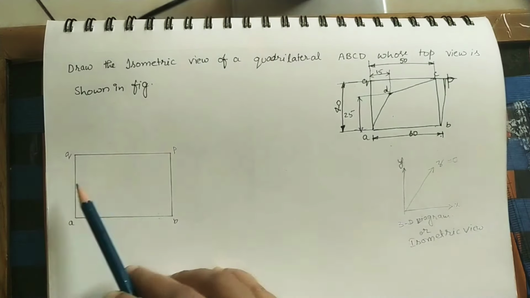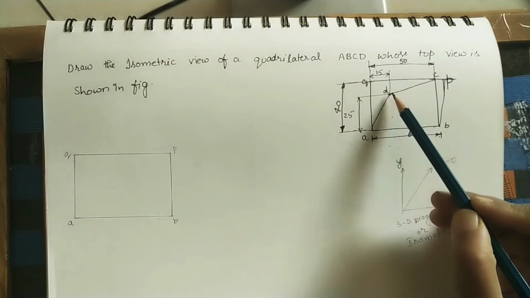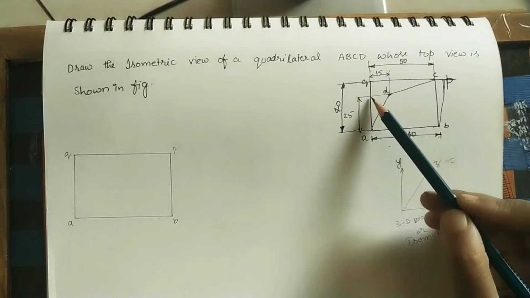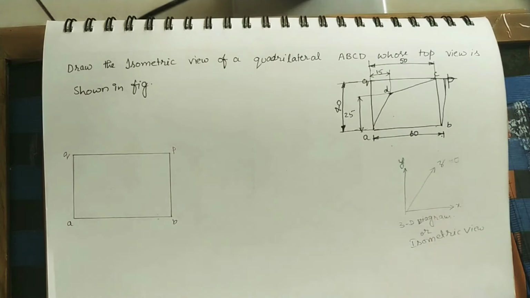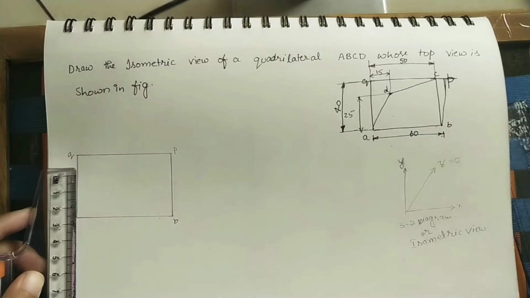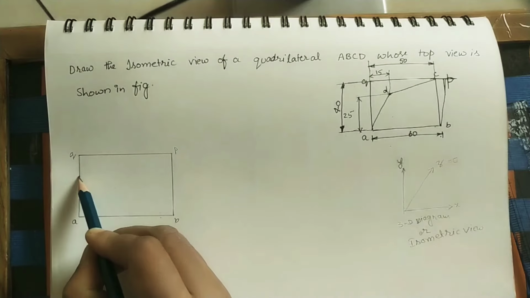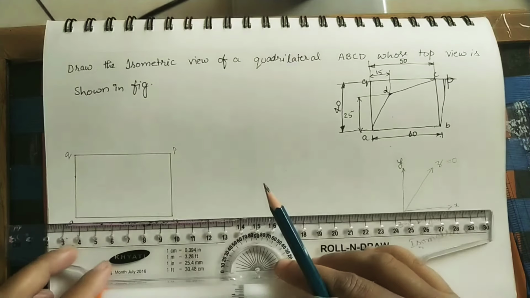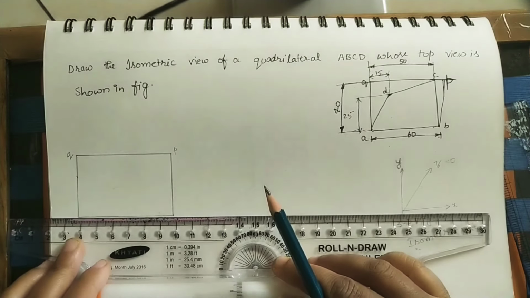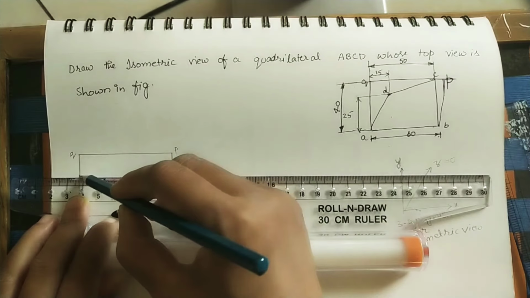Now after getting this rectangle, mark the D point here. Where is the D point? From this A it is 25 mm. Just take 25 mm on this line. At this 25 mm, draw one line. Take this as a reference line and draw the horizontal line here.